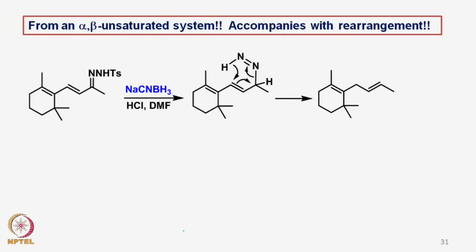Now if we take an alpha beta unsaturated system, we have seen that the normal tosyl hydrazones are reduced to the corresponding molecule in which the carbonyl group has been replaced by 2 hydrogens.